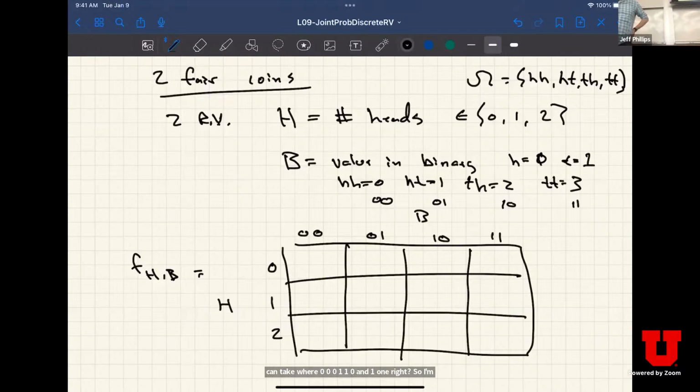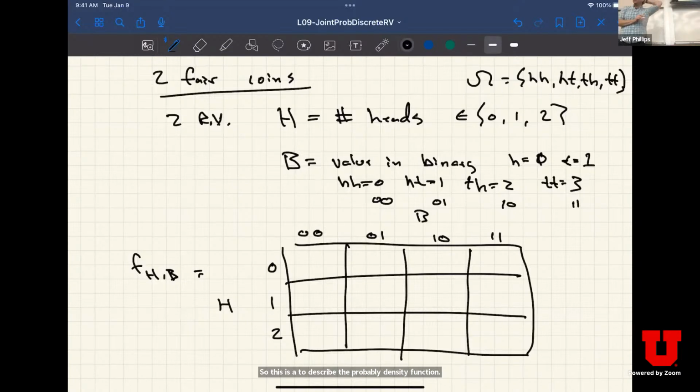These are the values the random variables can take, so I can describe the probability density function in a table.